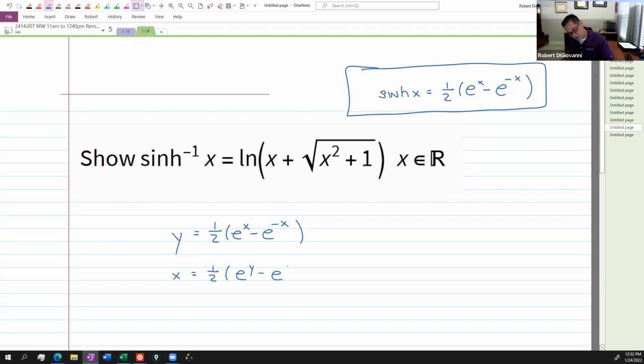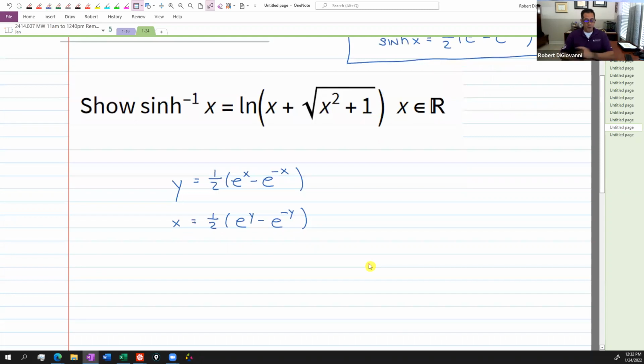And this is where we start to run into problems, because now I have to solve for y. Anybody have an idea of how I can solve for y here? I need to get y by itself. Take the logarithm of the... So the log will kill off e, right? But if I do the logarithm right now, what's going to happen? If I just do log of the left, log of the right.